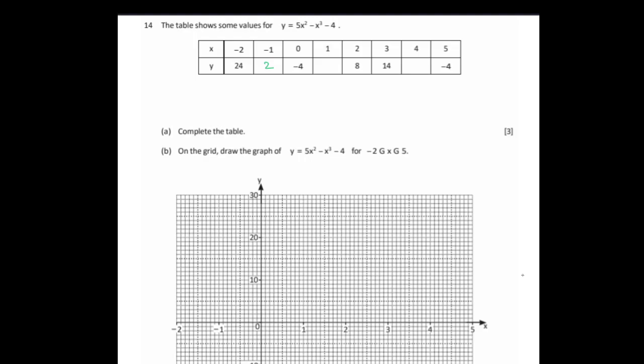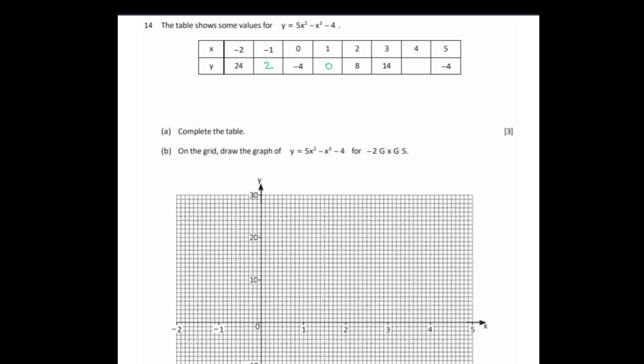Next, instead of minus 1, we will change it to 1. The value is 0. Next, it is 4.